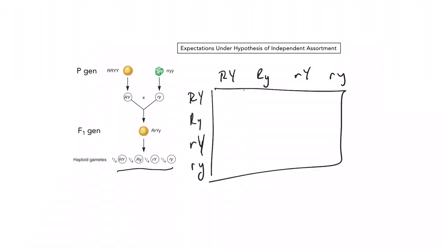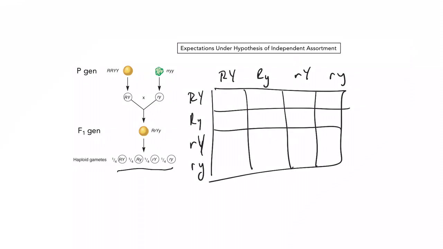So now we've got 4 possible gametes produced by each parent. There's an equation where you can figure out, if you have heterozygous conditions for 2 traits, that is 2 to the n, where n equals the number of heterozygous conditions in that individual.